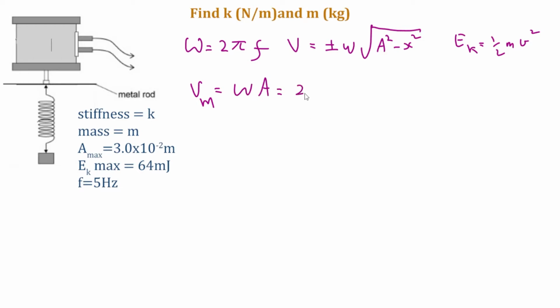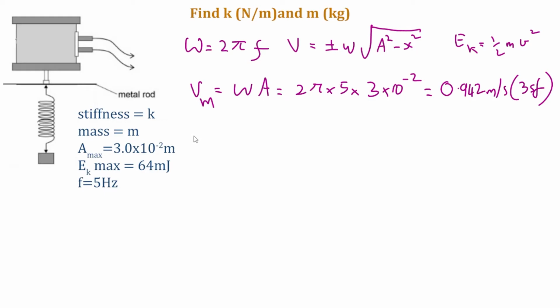Substituting in the values then, we get 2 pi times 5 times the maximum amplitude, which gives us a maximum velocity of 0.942 meters per second to 3 significant figures.